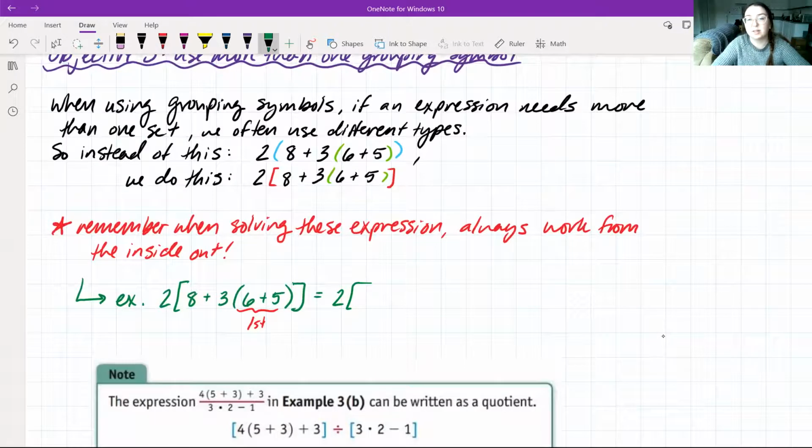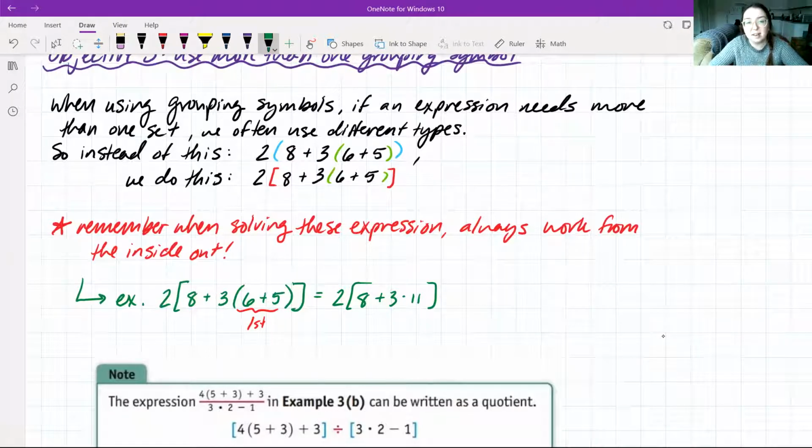We're just going to solve whatever is in our innermost parentheses. So we have 2 times 8 plus 3 times 6 plus 5, which is 11. We can also write this as 3 times 11. Now we have 2 times bracket of 8 plus 3 times 11.